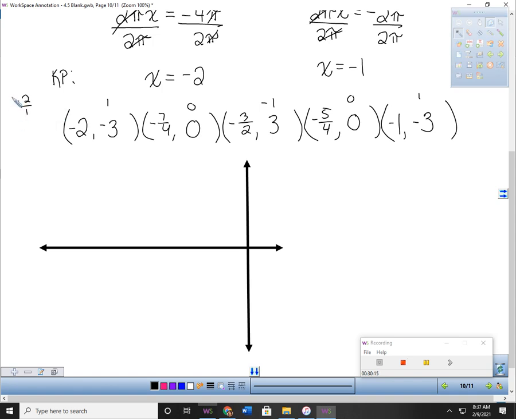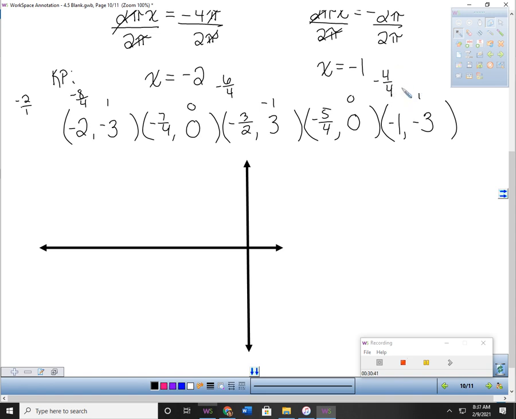I'm going to multiply by 4 over 4, which gives me negative 8 fourths. This already has a 4 on bottom. If I want to make this a 4, I would multiply by 2, so that would be negative 6 fourths. This already has a 4, and then if I want to make this with a 4 on bottom, it would be multiplied by 4 top and bottom, so negative 4 over 4, right?